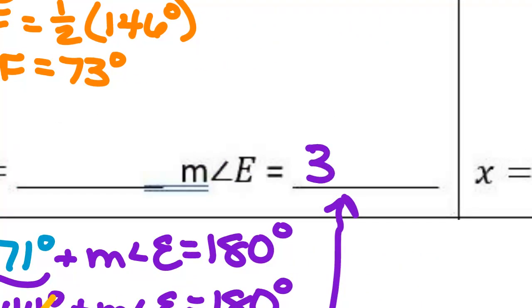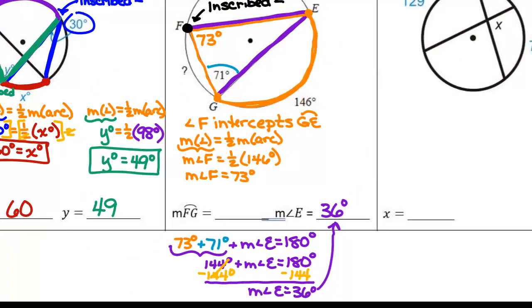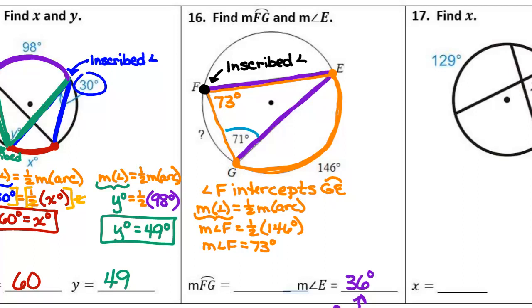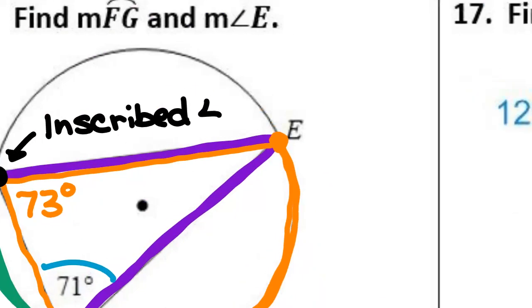You do not have to find angle E first, by the way. Once I know how big angle E is, do I have enough information to find arc FG? Because angle E is what kind of angle? Inscribed.